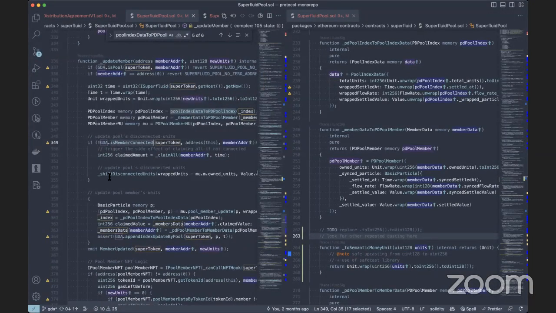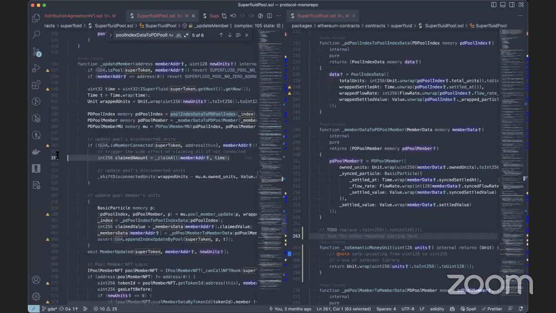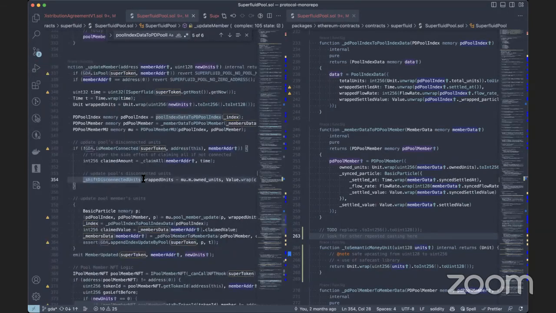Let's see. If the member is not connected to the pool, we do a claim for them. This is similar to the IDA as well. If you update units or subscription for a person who's already got units or got something to claim, we shift the balances in IDA, and then we also update the pool's disconnected units.